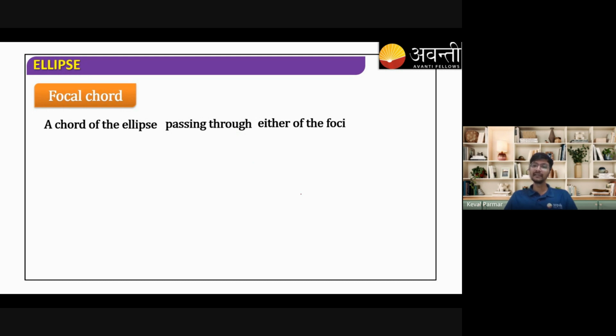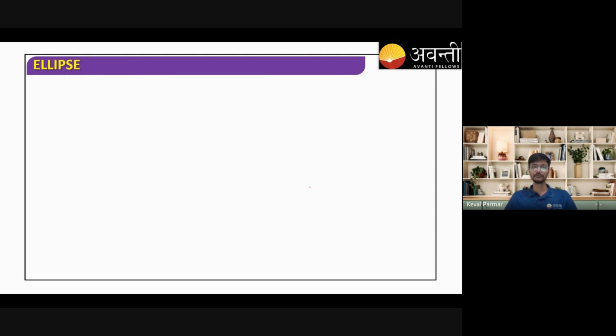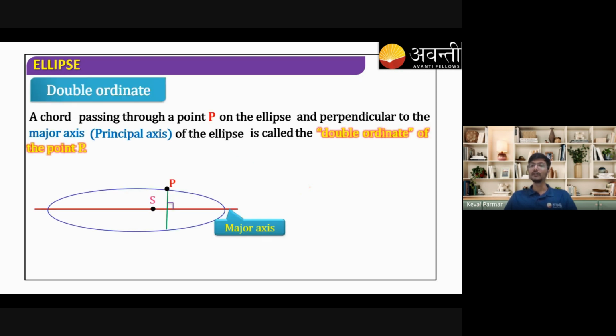The double ordinate which passes through focus is called the latus rectum. We'll define it, then you'll understand. You are very close. So there are two things, a double ordinate and a focal chord. A double ordinate is perpendicular to the major axis, whereas a focal chord passes through a focus.